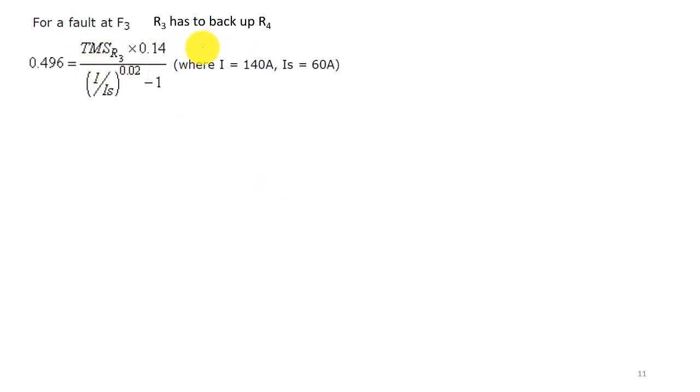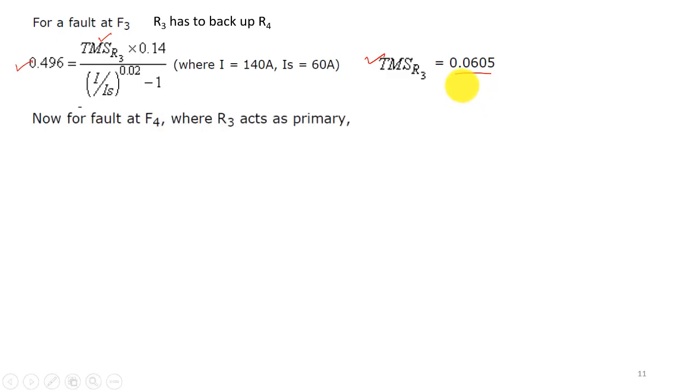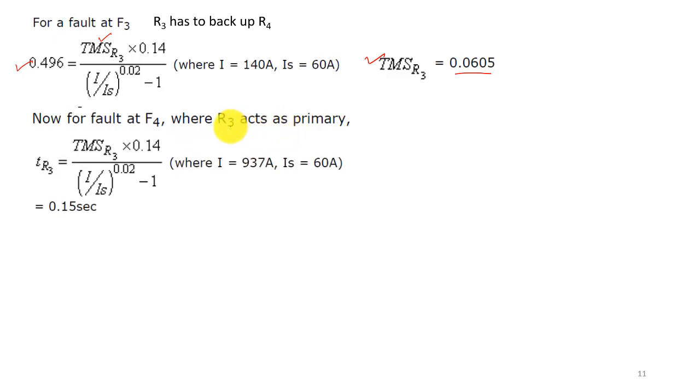Now for a fault at F3, R3 has to back up R4. So we can find the TMS setting for R3 by using the time of operation, the backup fault current seen by relay R3, and the pickup current. So the TMS setting of R3 will be 0.0605.